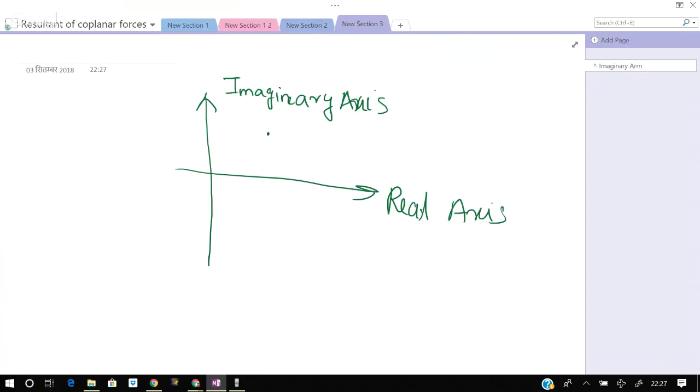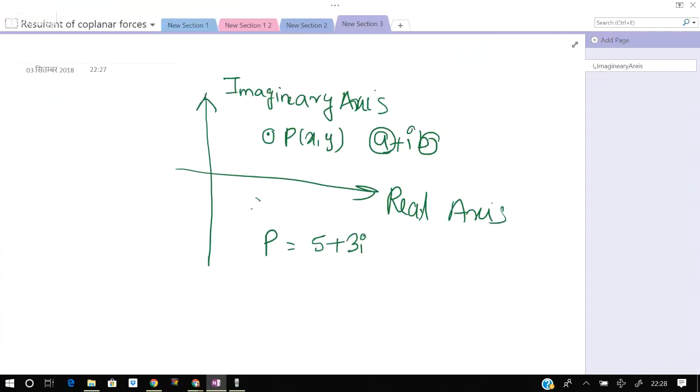So any point in this plane will be represented by P (x, y). So it can be written in the form of a complex number, that is a plus ib. So a will be its x coordinate, b will be its y coordinate. So now this point P can be represented as the complex number 5 plus 3i.